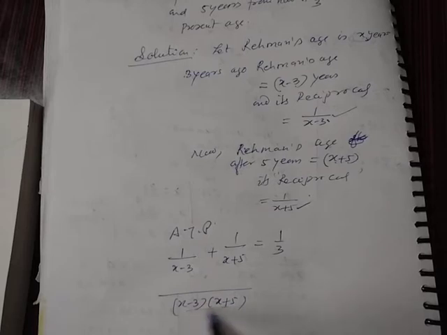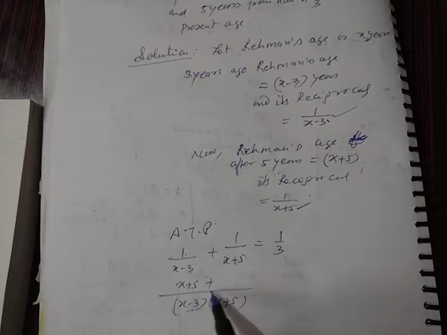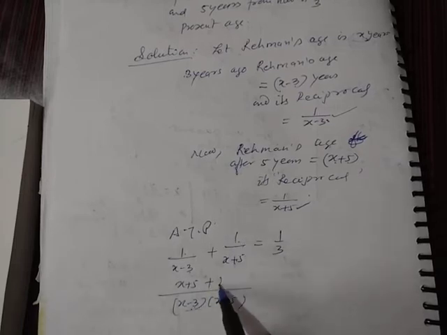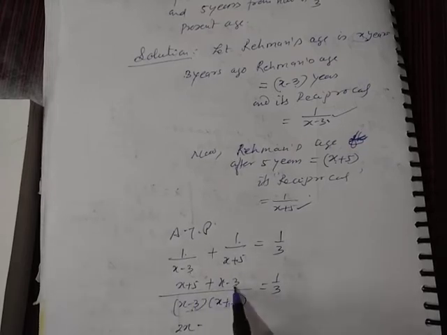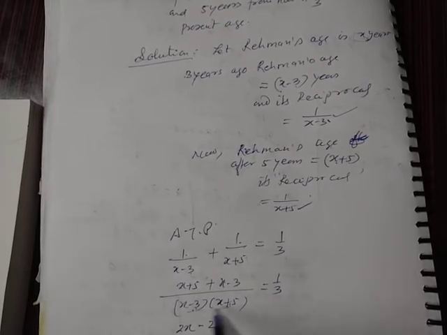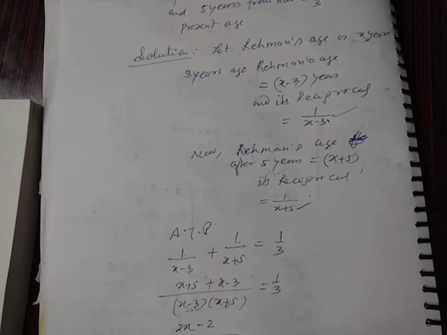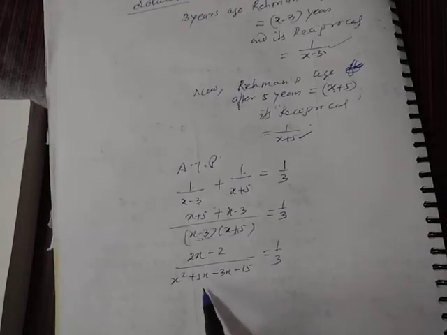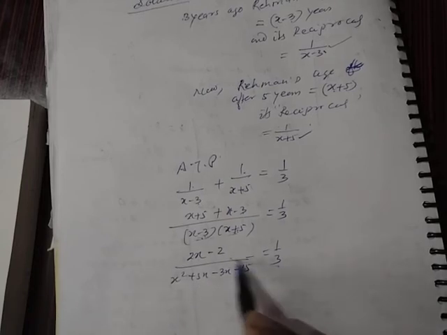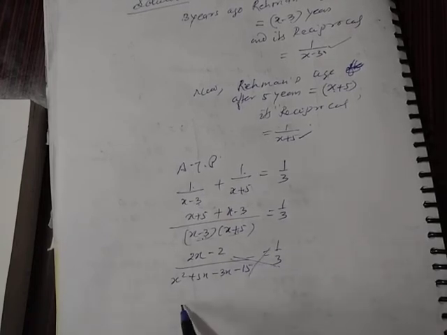Now see the LCM of x minus 3 and x plus 5. Then you divide this LCM by this. x minus 3 cancels, x plus 5 into 1, plus x plus 5 cancels, x minus 3 into 1. Now x and x will give 2x, plus 5 minus 3. 5 minus 3 is 2, upon you multiply, x square plus 5x minus 3x minus 15 is equal to 1/3. 2x minus 2 multiply by 3 and this is multiplied by 1.